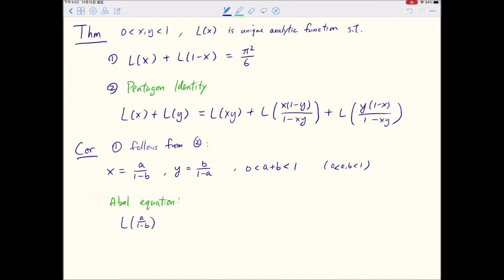So the second term is b over minus a equals ab minus a minus b, and then the last two terms is actually L of a and L of b.